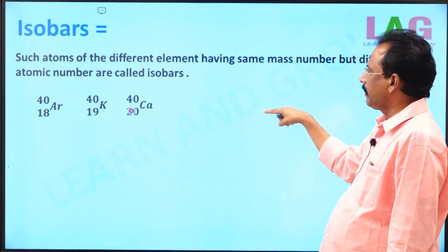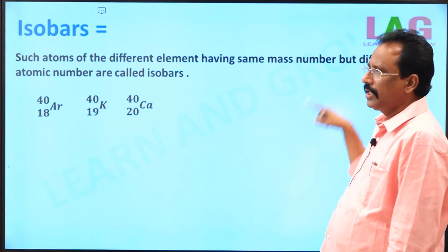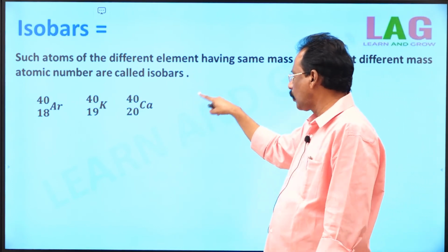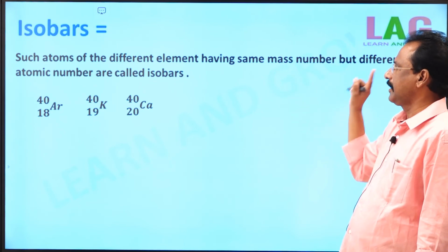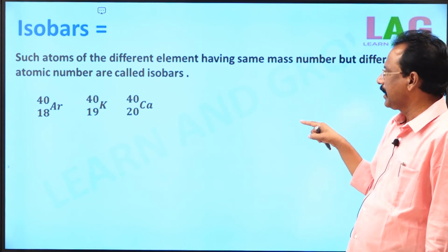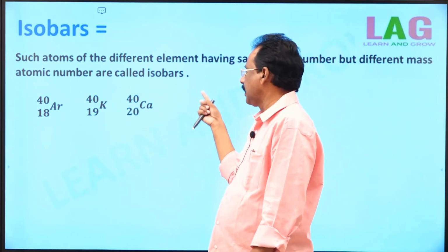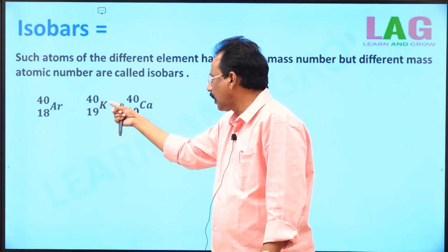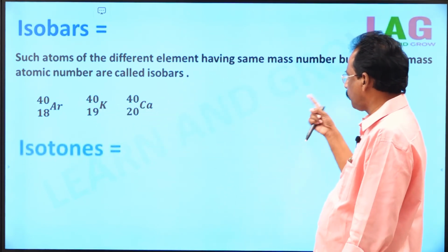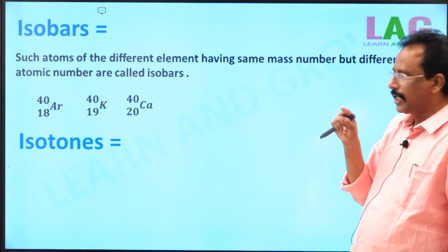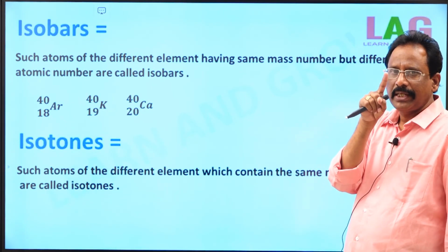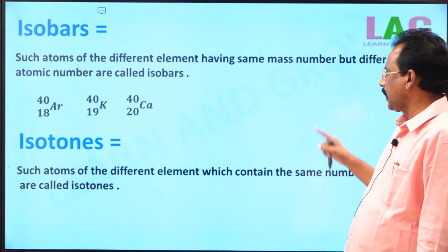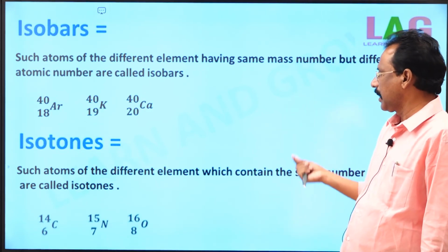For these 3 elements the atomic number is different, 18, 19, 20, but they possess the same mass number. So isobars have the same mass number, but they possess different atomic numbers, different numbers of protons. That's why isobars possess different properties, because they differ in proton number.